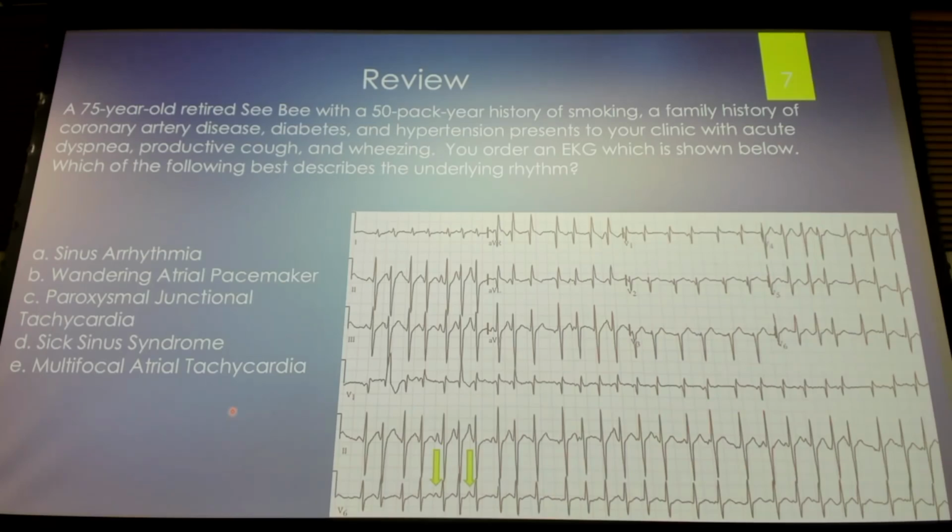And then we've got Gordon Hennessy. Okay, sir. 75-year-old comes in, he has a 50-pack-year history of smoking, family history of CAD, diabetes, hypertension, he's got acute arrhythmia, cough, and wheezing. This is the EKG. What do you think's going on, sir?